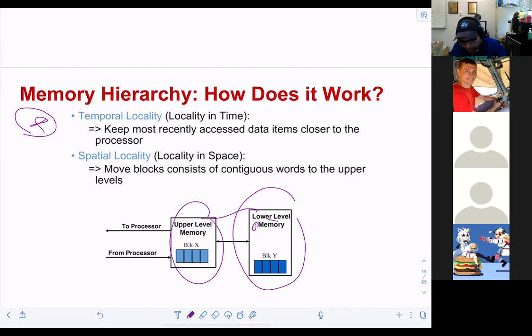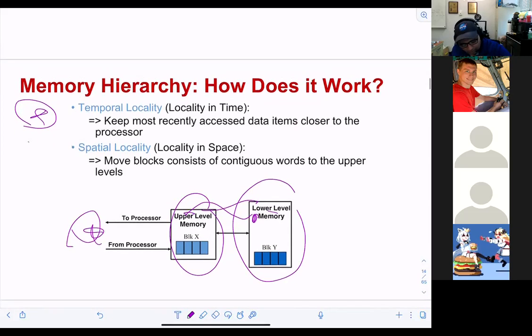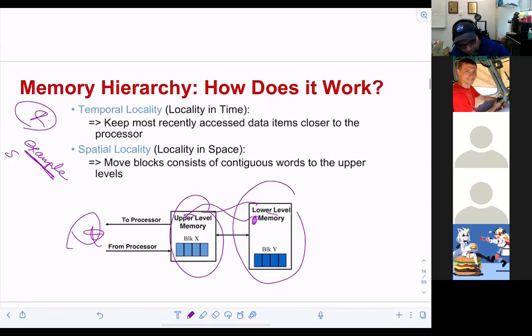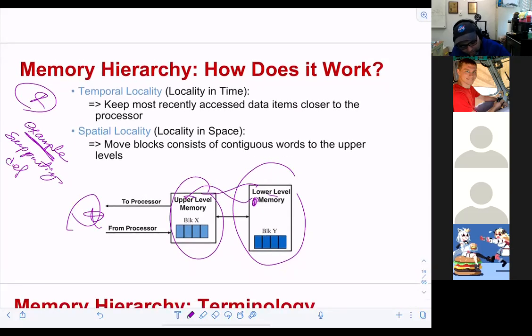For spatial locality, if I want an element of an array hosted by the higher level of the memory, I will just take the whole entire array and put it in the cache. Then I will be able to process the data here using the processor. This is an example supporting the definitions of locality.